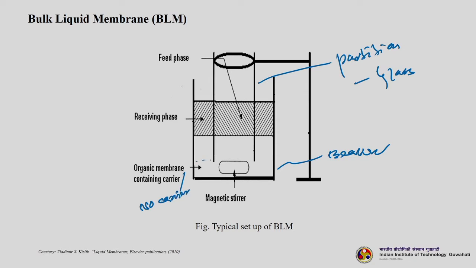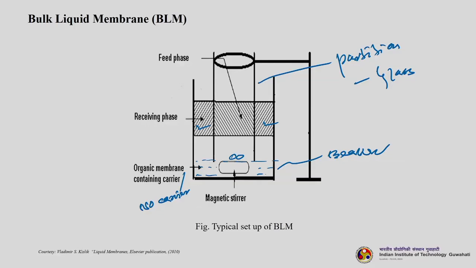So, this is the part where your liquid membrane is fixed. Then there is a receiving phase on this side and this side, and this is from where you are entering your feed phase. There is a magnetic stirrer which is rotating, just to enhance the rate of mass transfer. So, this is a typical BLM setup.